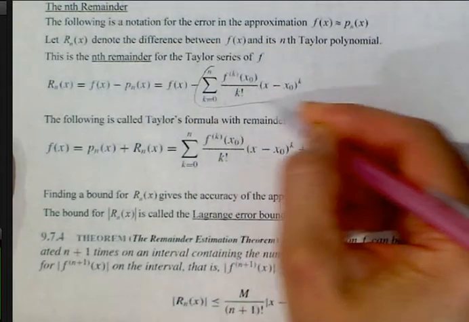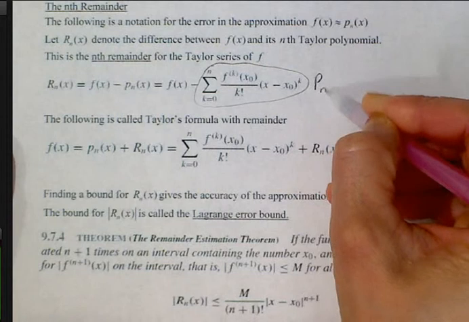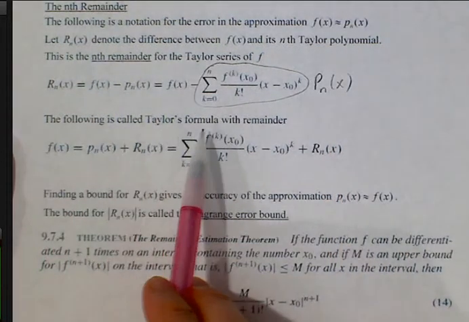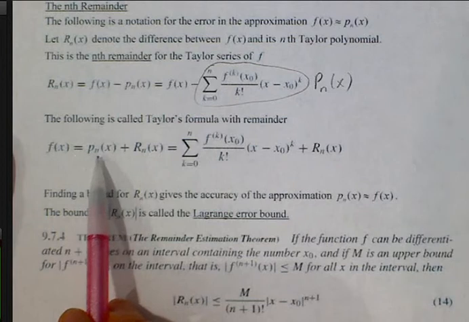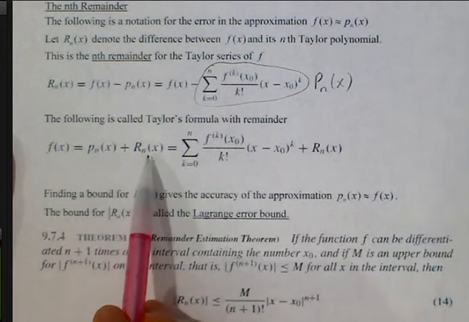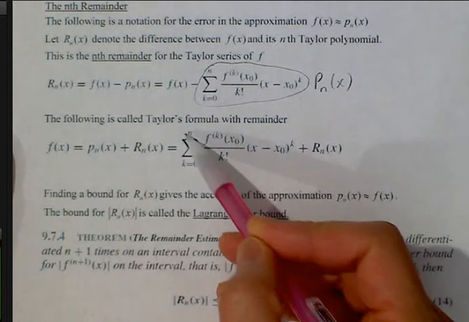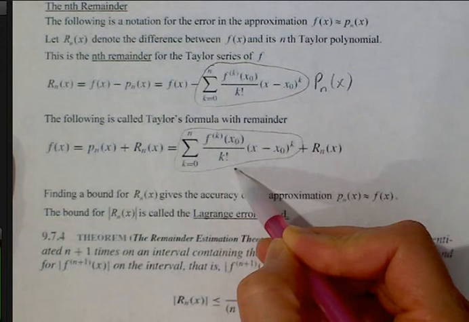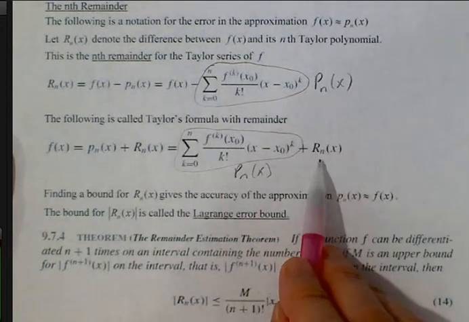Okay, so this right here, the whole thing is the Taylor polynomial. The following is called Taylor's formula with a remainder. So the actual f of x is going to equal the Taylor polynomial plus some remainder. So this is the Taylor polynomial, this whole thing right here. This is p sub n of x. And then you have some remainder, something that's going to be left over.